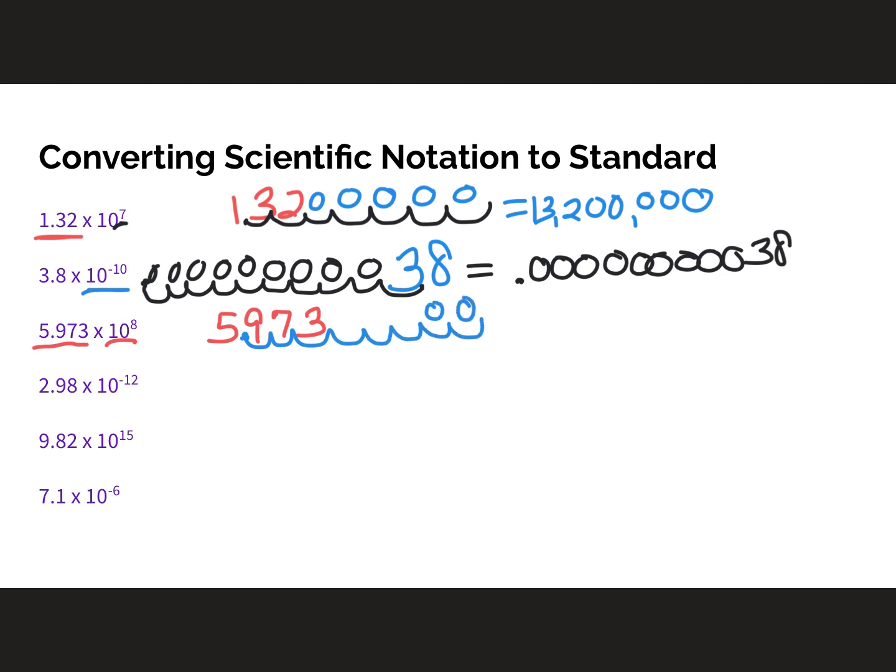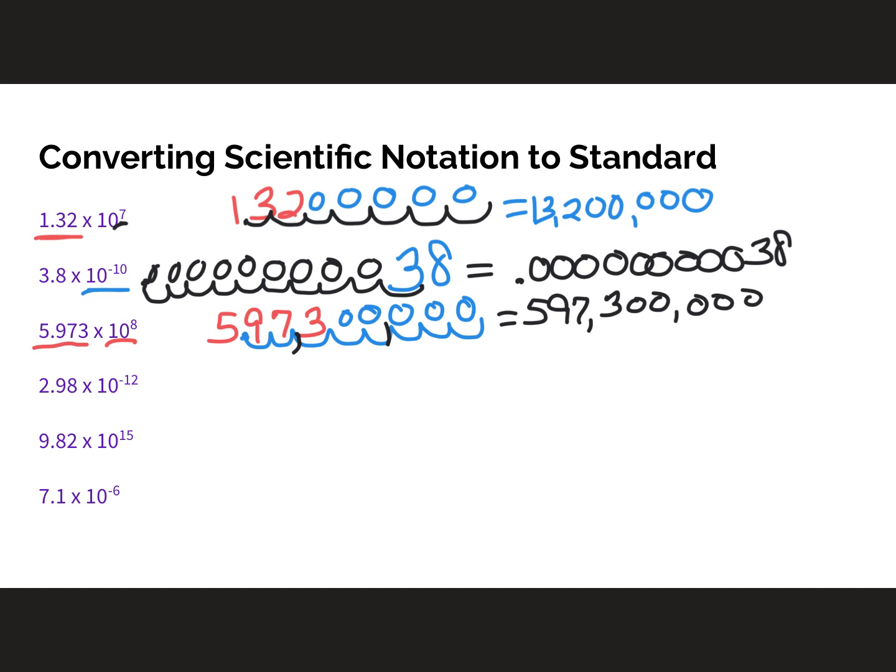You can fill each of the empty spots with a 0. And then I'm going to remember to put in my commas every 3. So this is 597, comma 300, comma 000. That's 597 million.